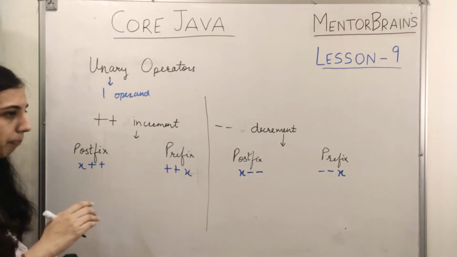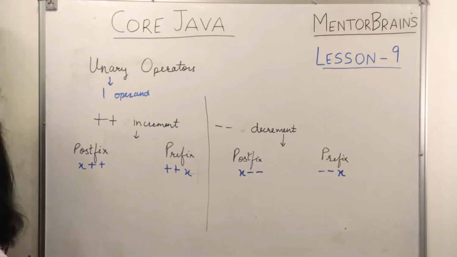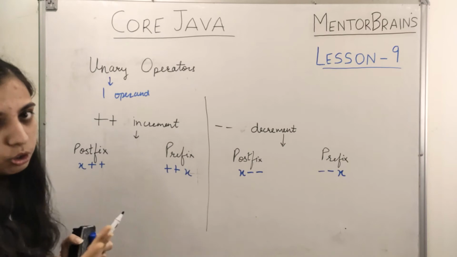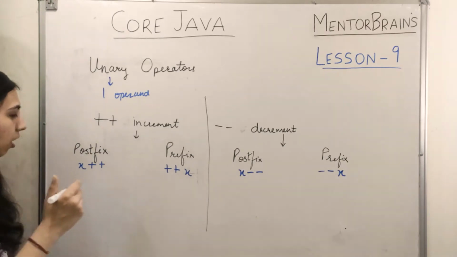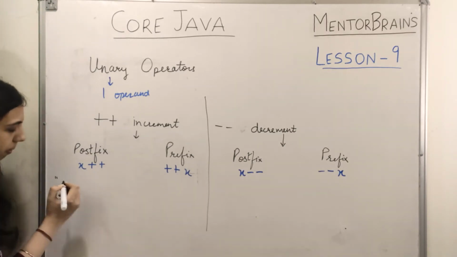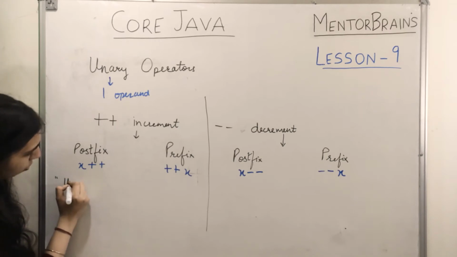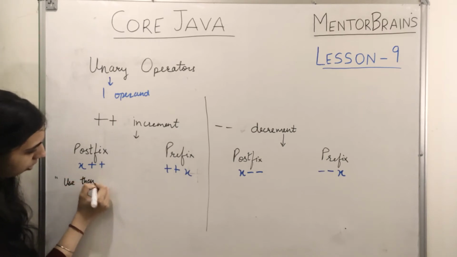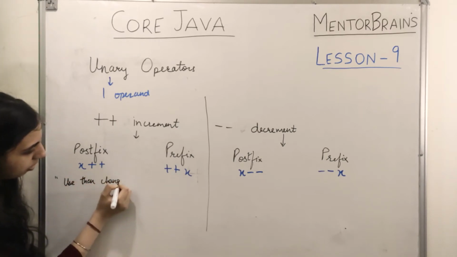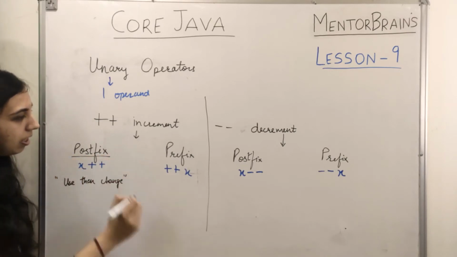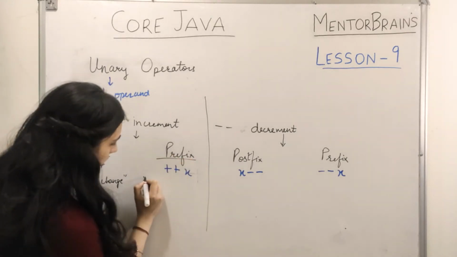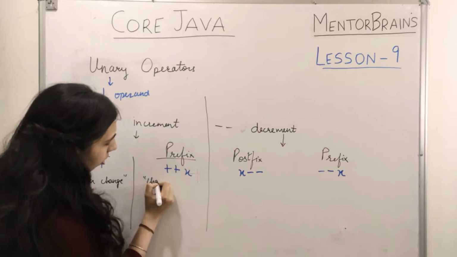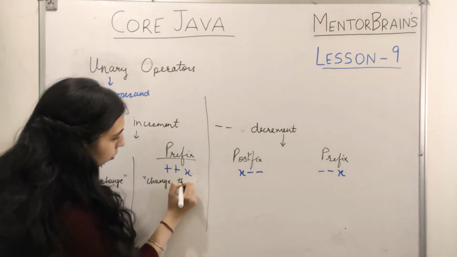In postfix and prefix, the rules to be followed while executing the code are different. The rule for postfix is: first use, then change. In prefix it is: change, then use.